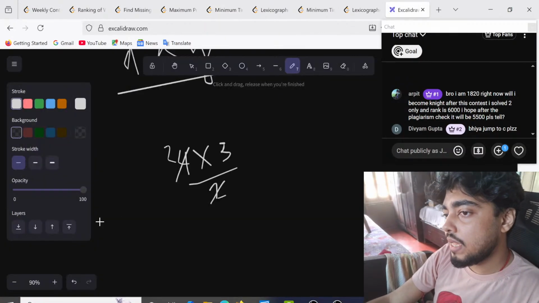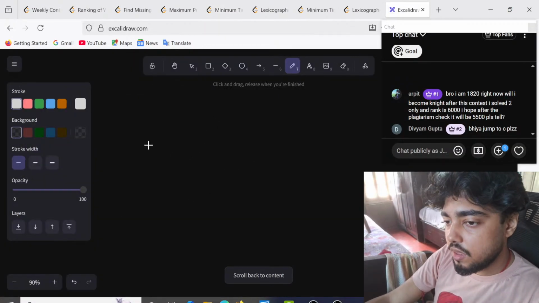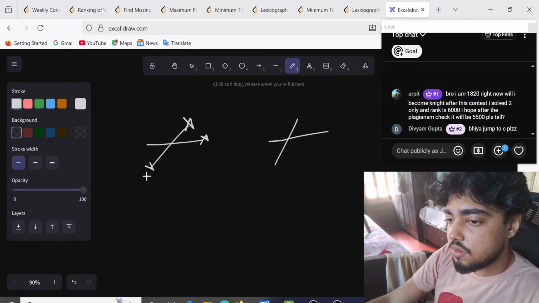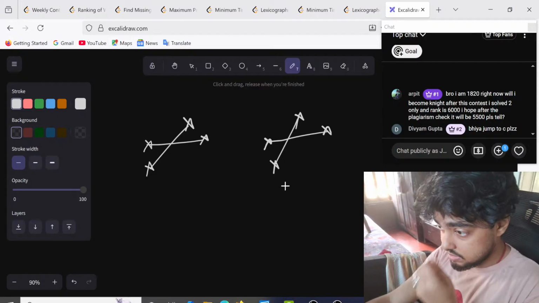So now think of it like you have one drone. Ignore my drawing. You have got one drone, and this is your second drone. This is a very mathematical question.